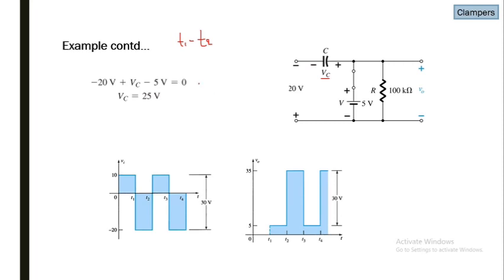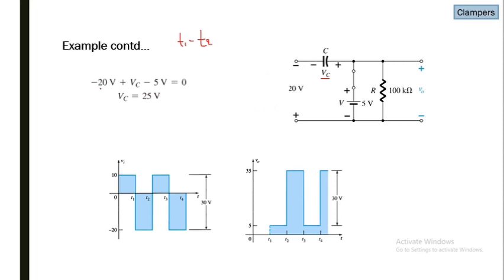But in your book, the author has applied KVL in this direction. It doesn't matter, the signs or the symbols of these voltages will be reversed. So let's apply KVL in this direction.